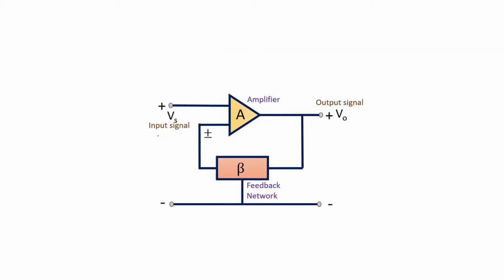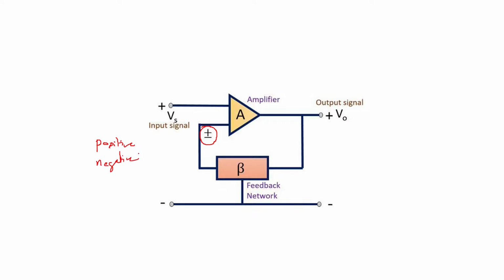After that, here you can see in another diagram, we can show that the feedback can become positive or negative. It can aid the input or it can oppose the input. If it is aiding, helping the input, then it is called positive feedback. If it is opposing the input, if it is out of phase with the input, then it is called negative feedback.